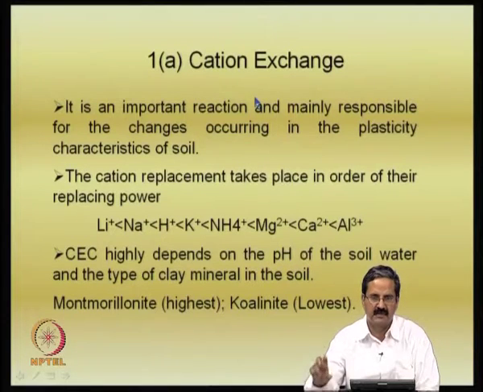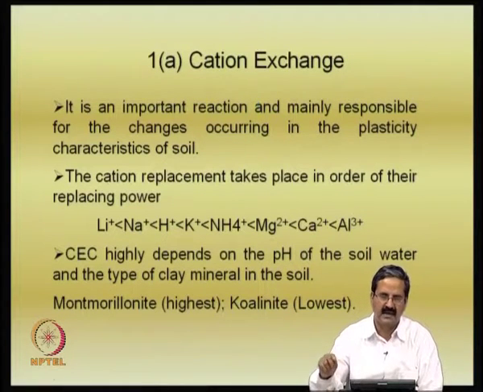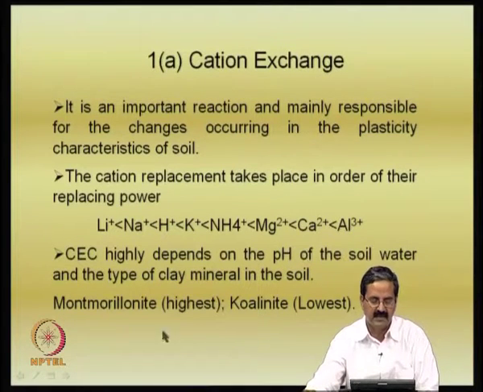Because of this mechanism of cation exchange capacity, there is a replacement of cations that takes place on the clay surface, and it is in this order. For example, lithium, then sodium, then hydrogen.